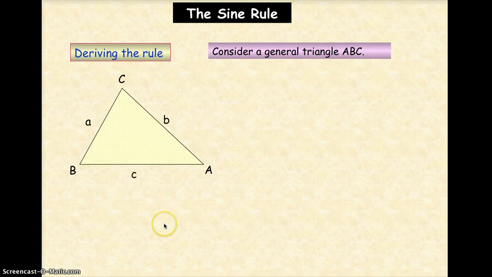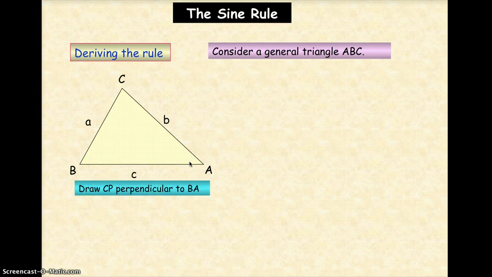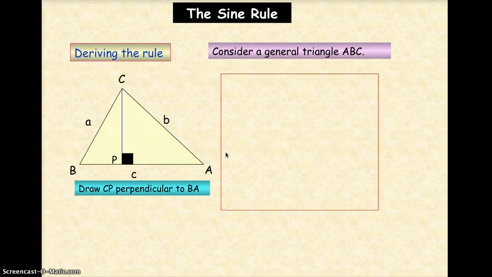To continue with the derivation of the sine rule, we're going to draw a line from C going down perpendicular to line segment AB. So that line is here, perpendicular, so you see this 90 degrees here. Because now we have a right triangle, using SOHCAHTOA, let's find CP by looking at this smaller triangle.